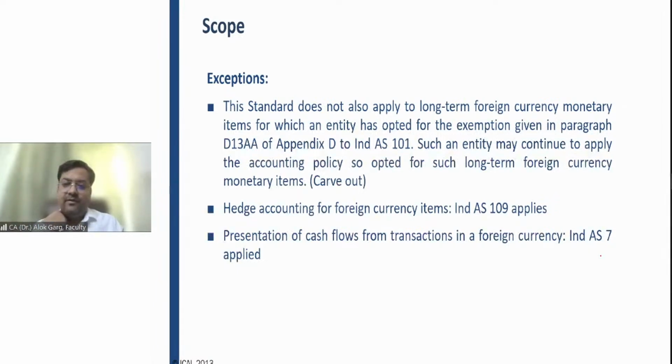If you don't want to take it to the P&L, there was an alternative treatment as well. I am talking about AS 11, the old accounting standard. If there is an exchange loss or exchange difference, you can amortize that exchange difference into the remaining tenure of the loan, so that the entire hit will not come into the same period in the P&L.